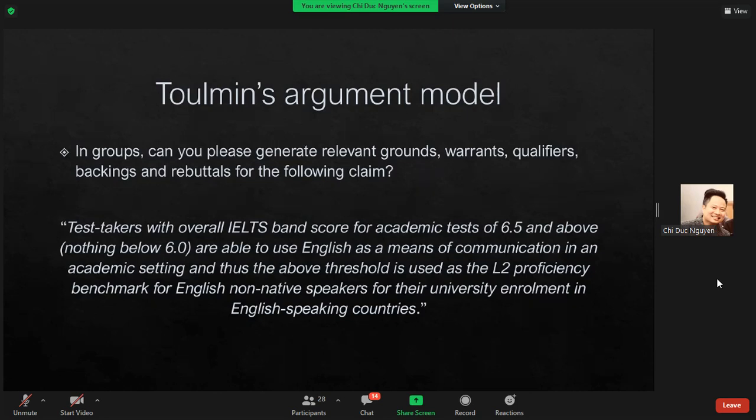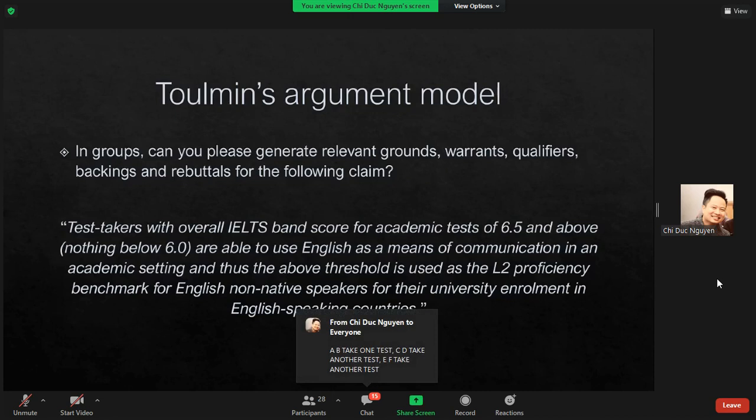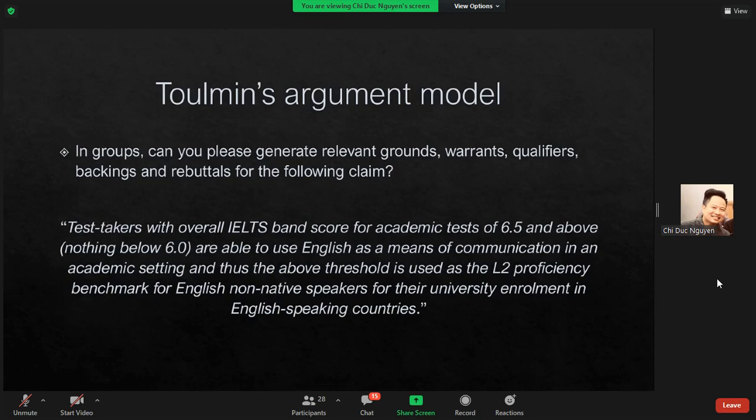Yeah, so E and F again take another IELTS test. If the tests are not the same in terms of validity and difficulty level, my 6.5 can be different from your 6.5.